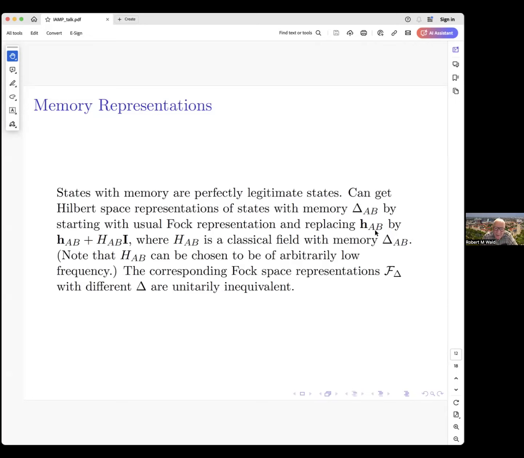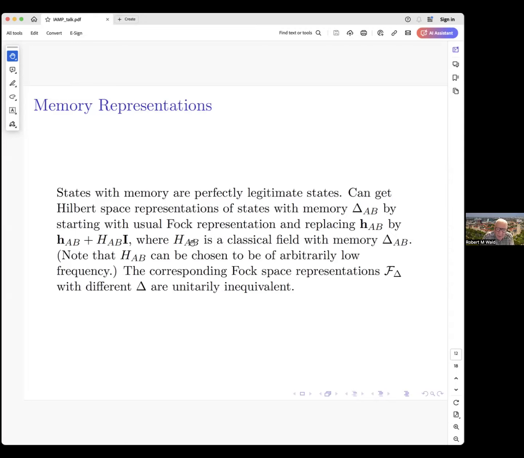solution with memory, with the desired memory that you want, and going to the usual Fock representation, but replacing the field operator by, I should have been pointing to this as the classical solution with the memory you want, a multiple of the identity times this classical solution.